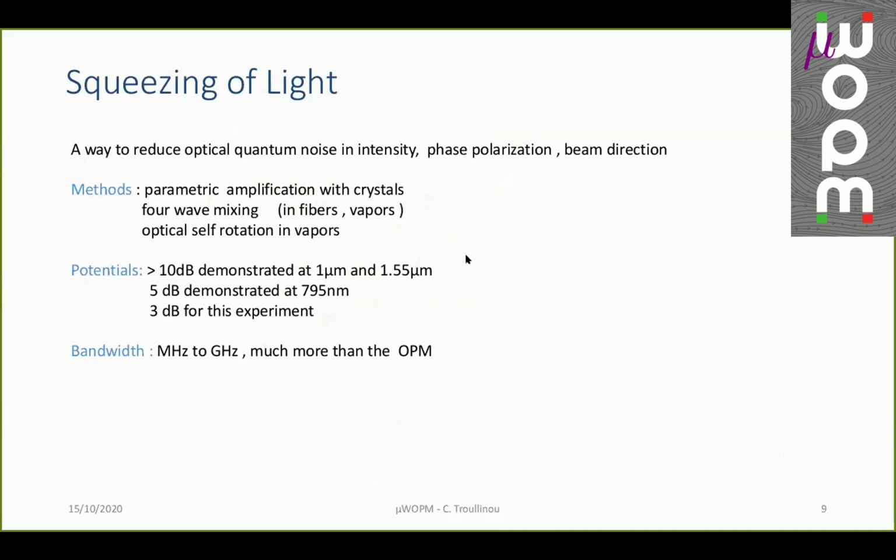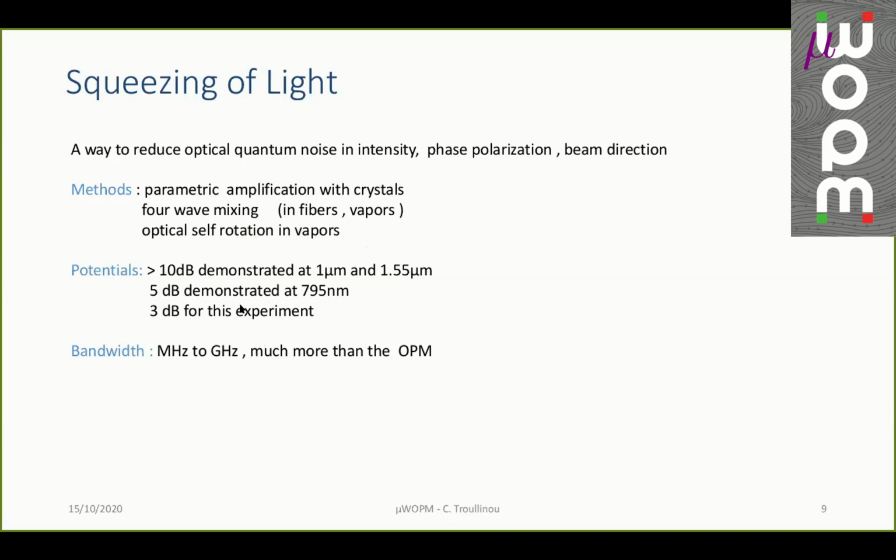Squeezing of light, well, normally people refer to squeezing of light as a way to reduce optical quantum noise in intensity, phase, polarization, and/or beam direction. There are many methods that can be exploited for this: parametric amplification using crystals, four-wave mixing using fibers or vapors, and optical self-rotation also in vapors.